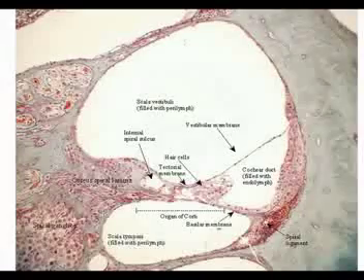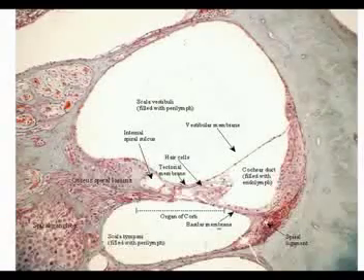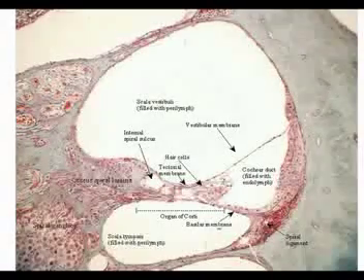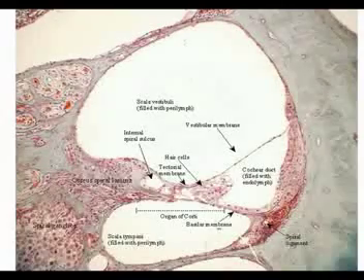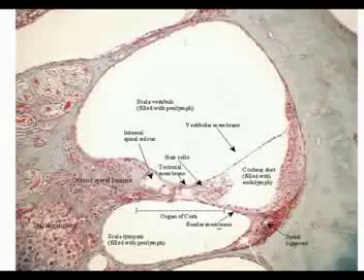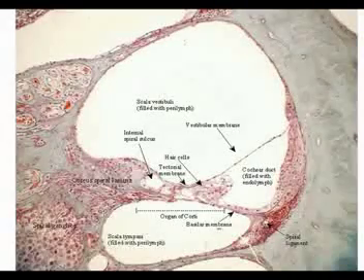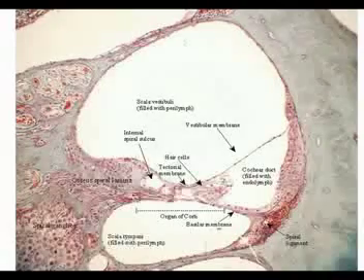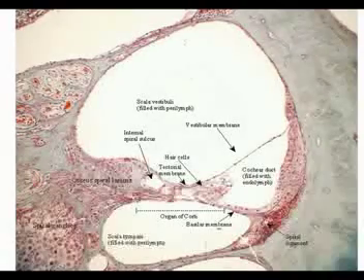You can see here it's labeled with endolymph, and perilymph in the scala vestibuli and the scala tympani. And really the only difference is the concentration of potassium, more or less. There's not any major difference in the actual gelatinous material filling them. It's just the relative concentration of different chemicals.